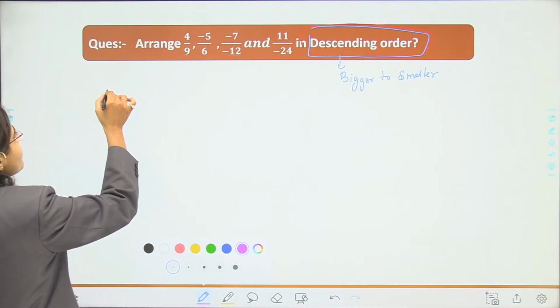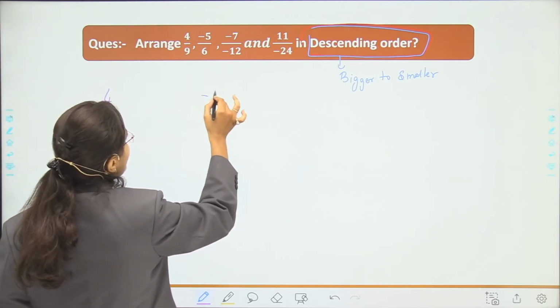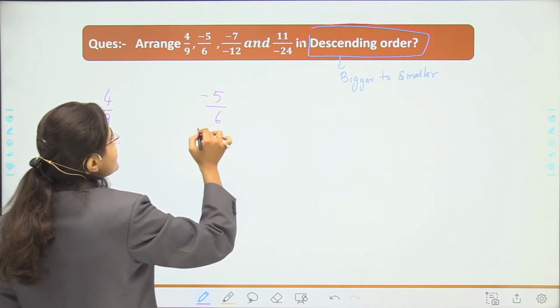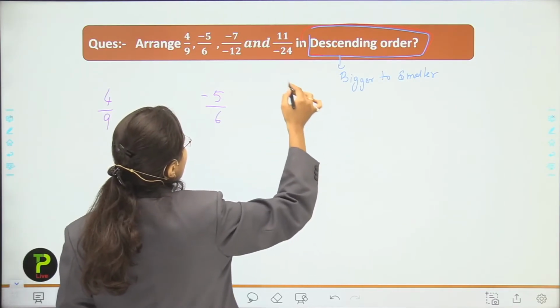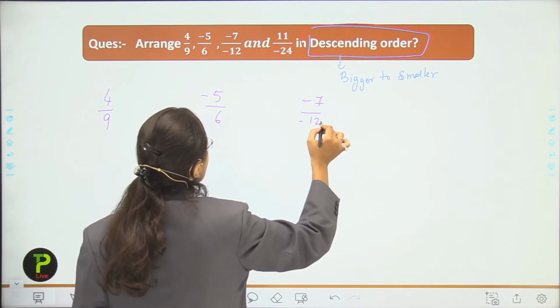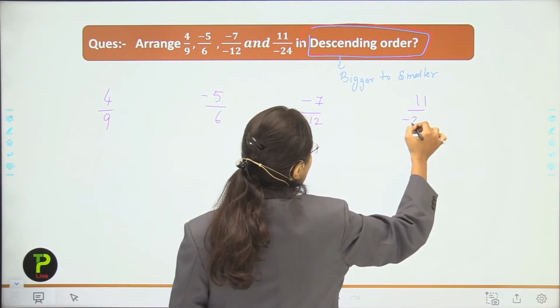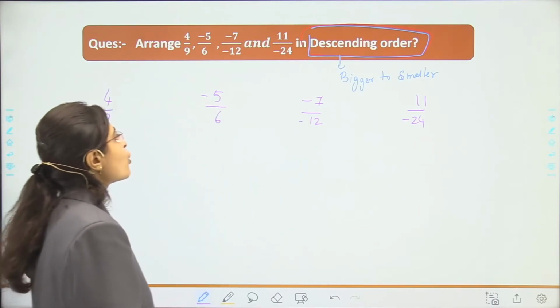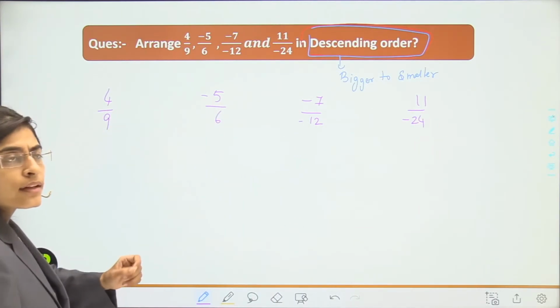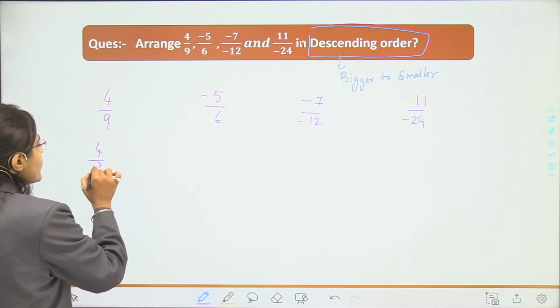Our first number is 4 by 9. The second number is minus 5 by 6. The third number is minus 7 by minus 12, and this is 11 by minus 24. Now let us make the denominators positive. 4 by 9 is already positive, so keep it as 4 by 9.